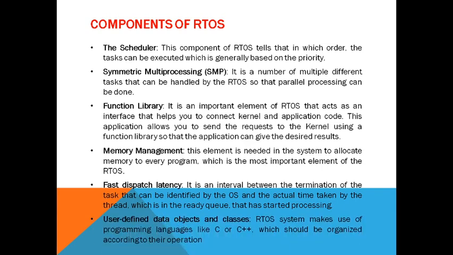Then the last is user defined data objects and classes. A real-time operating system makes use of programming languages like C or C++, which should be organized according to their operation.